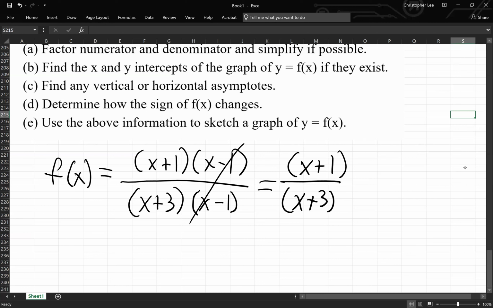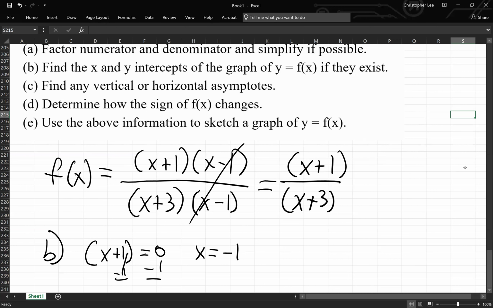B, we want those y-intercepts, those x-intercepts. So the x-intercept, we're going to set the numerator equal to 0. So I have x + 1. I don't really want to set the other one equal to 0, but technically speaking, you could. So we have x equal to -1.